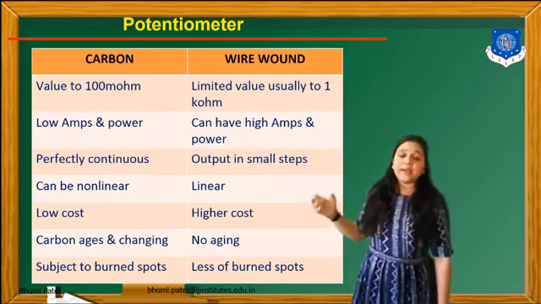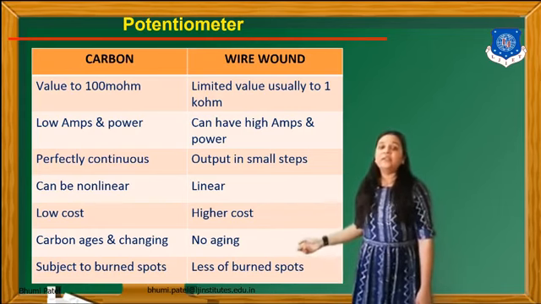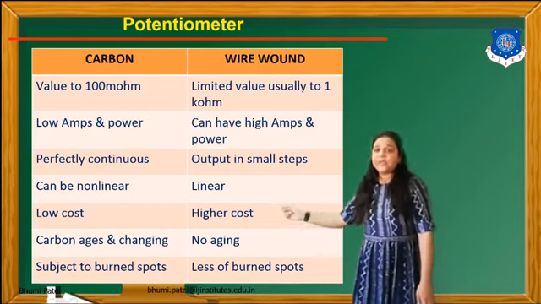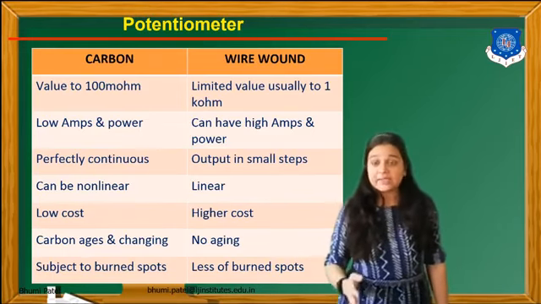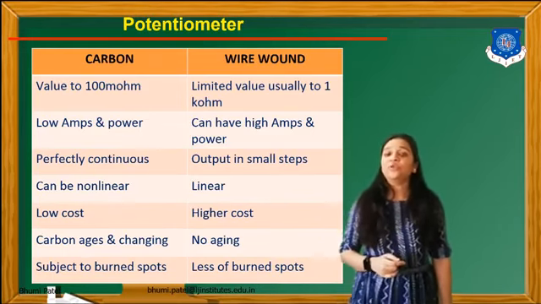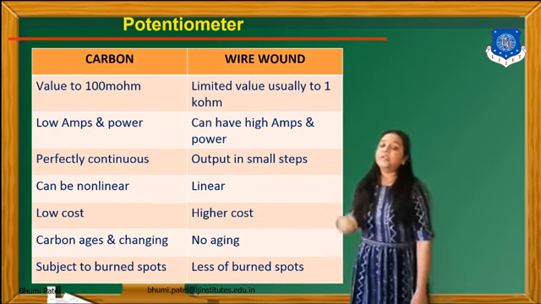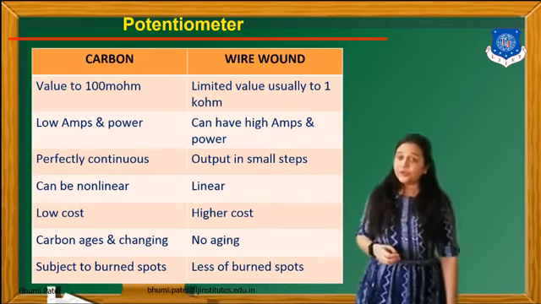The carbon type is subject to edging and changing, and in the wire wound there is no edging. The carbon type is subject to burnout, and the wire wound is less prone to burnout compared to the carbon type. So depending upon the requirement, we can connect the carbon type or wire wound potentiometer.